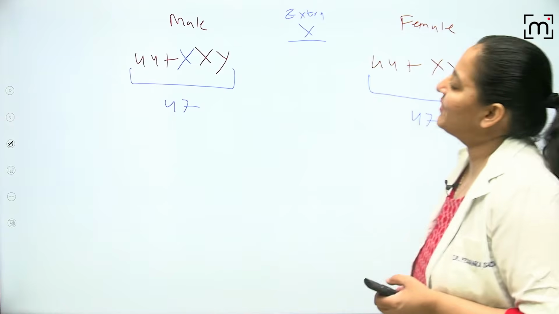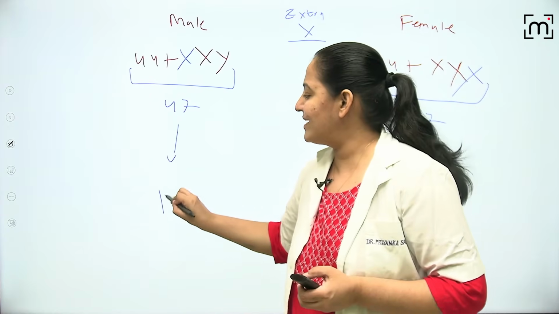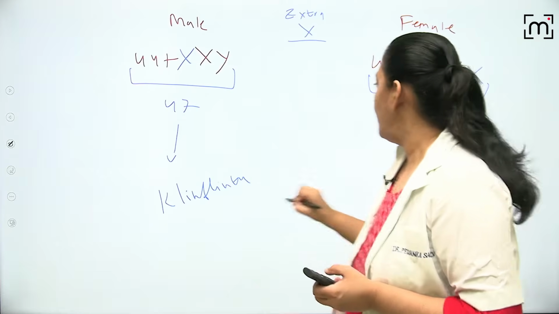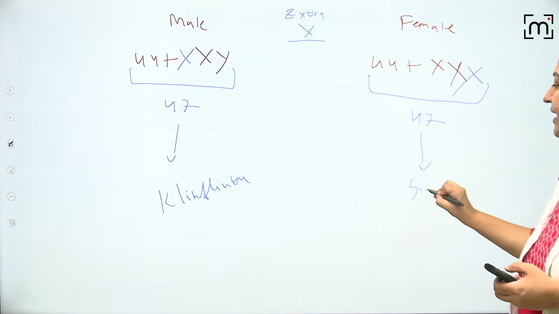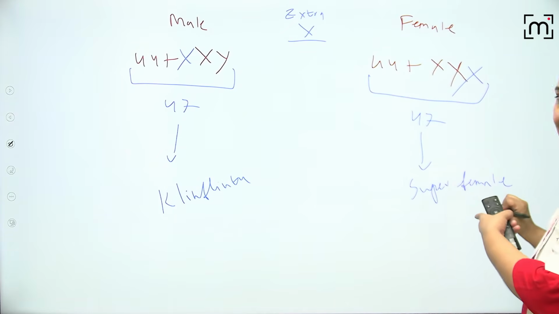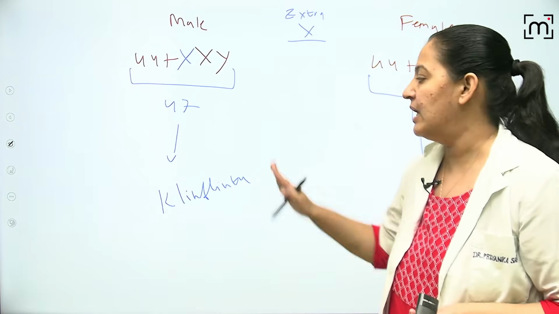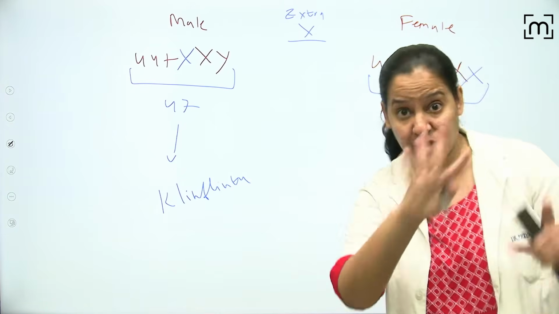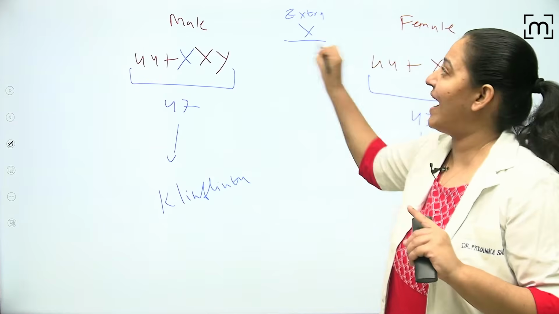This is known as Klinefelter syndrome, and this one is known as super female. It is not a normal female. Super female is a disease, right? So Klinefelter syndrome and super female both are trisomies of the sex chromosome. Here, one extra X is present.